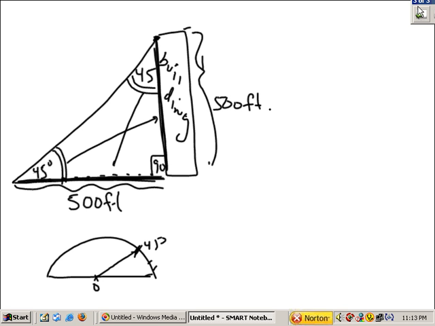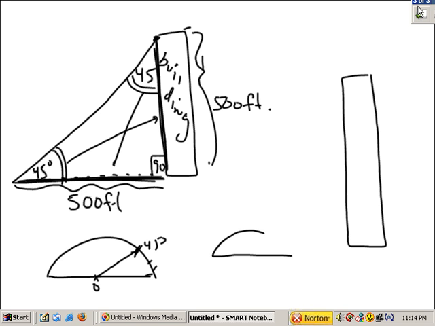And so to redo this problem, here is your building, and here is a special protractor that has a laser beam. You aim it at exactly 45 degrees. And I guess the building should be just a little bit lower. And you put it at that point on the ground, and the laser beam goes right there.